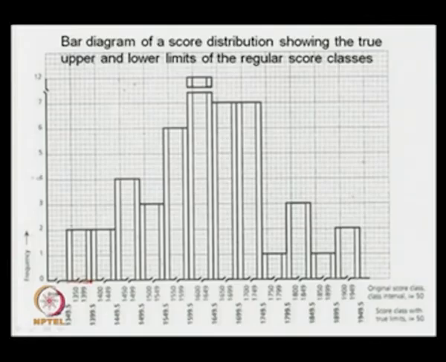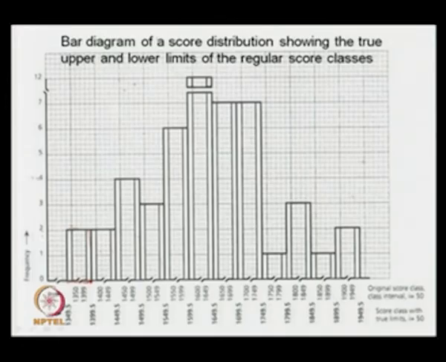So what has happened, all the groups are like this, and there will be a fixed thing, so no gaps will be there. So the true value of the classes is 1349.5 to 1399.5, then the next one, 1449.5, like that, and the scores are there as per within this 2 scores, within this 4 scores, within this 6 scores like this.